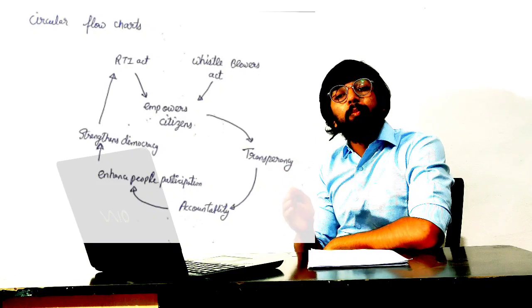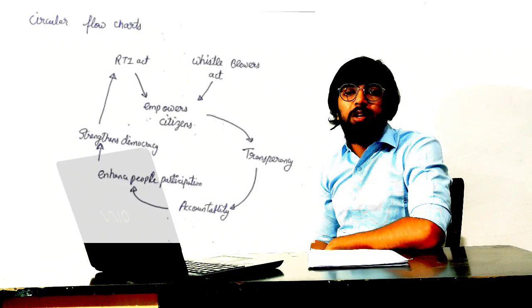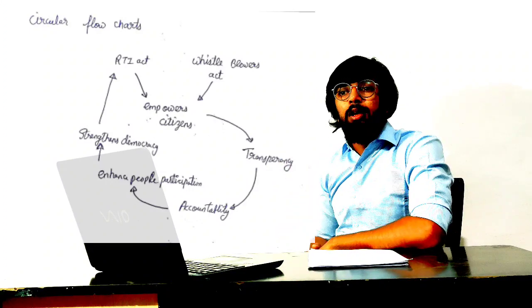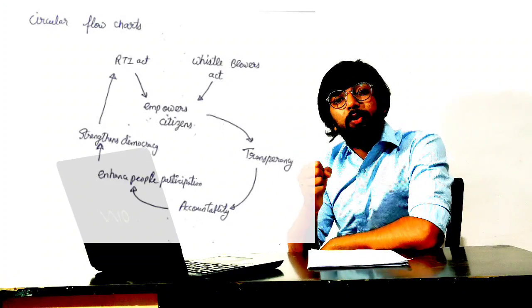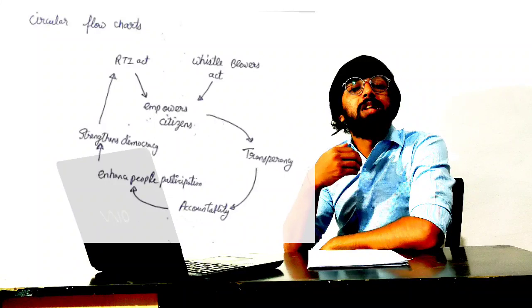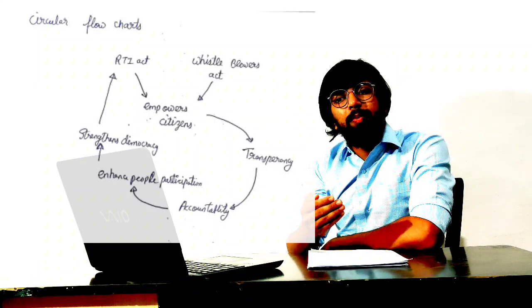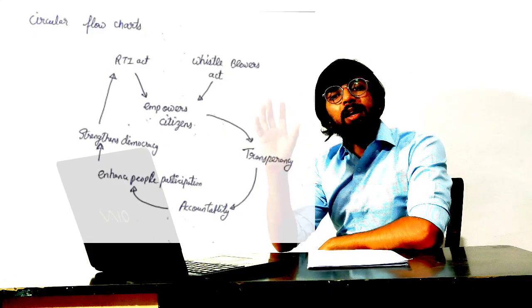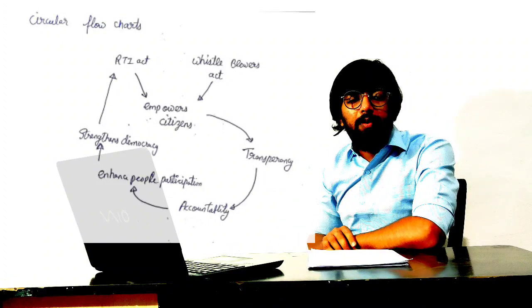If the public servants are more accountable, then it will enhance people's participation inside the democracy, and it will actually strengthen the democracy. If the democracy is strengthened, then the representatives elected will be good, right? If the representatives elected are good, then acts like RTI and whistleblower acts that empower the citizen will be passed in more numbers, right?